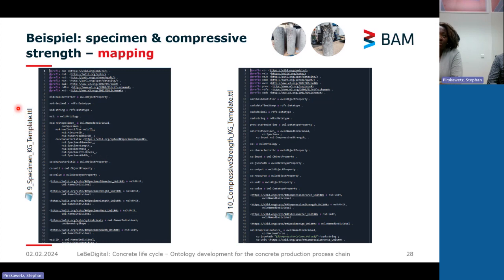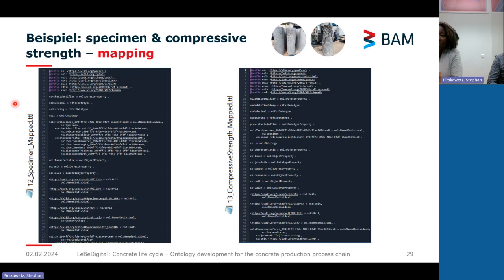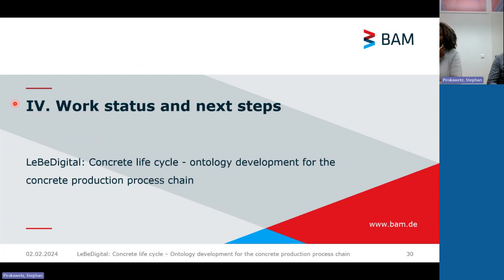And then now I will show the mapped file. You can see that they are filled with information. So far we have seen how to go from raw data to knowledge graph templates. We will now talk about where we are now and what the next steps are.